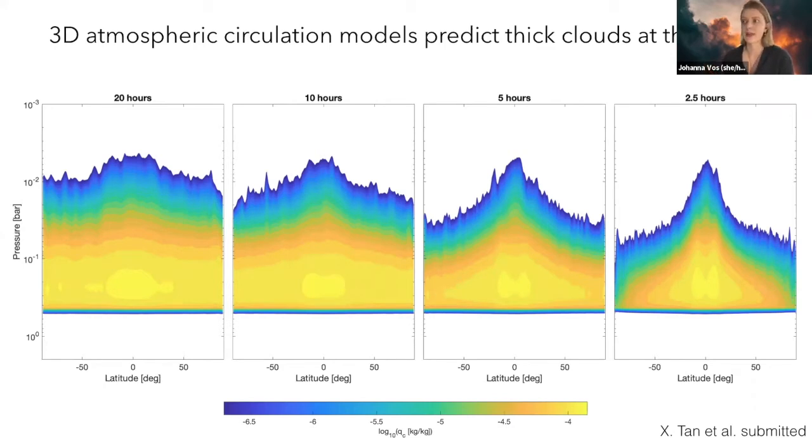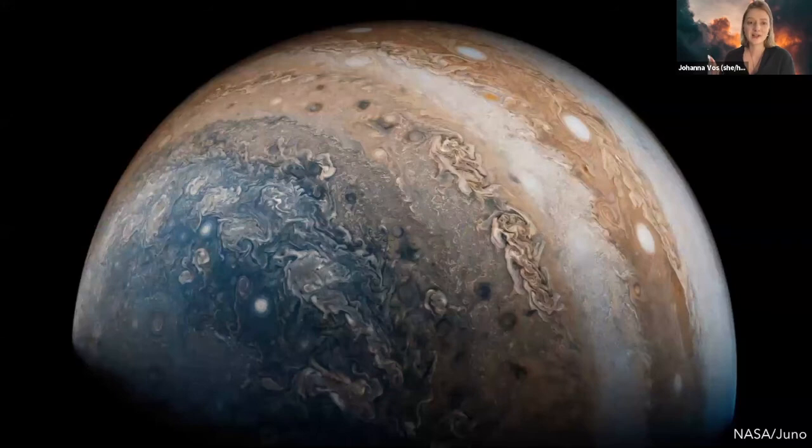And as Kelly alluded to, if we look at Jupiter, which I like to call our closest brown dwarf, the Juno mission recently revealed Jupiter's poles for the first time, showing that they are very different to the equatorial bands we observe at the equator.